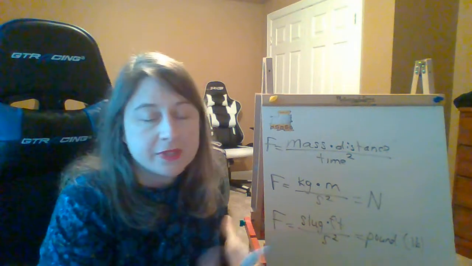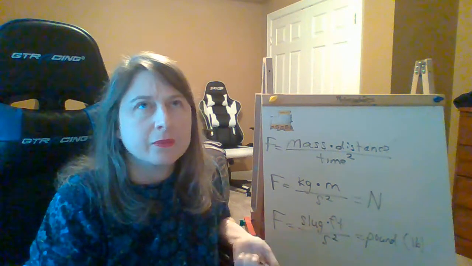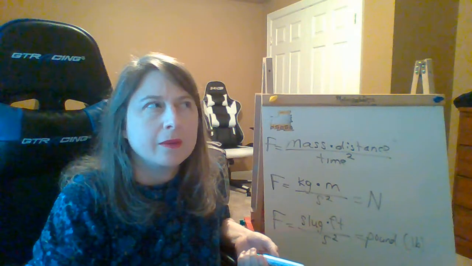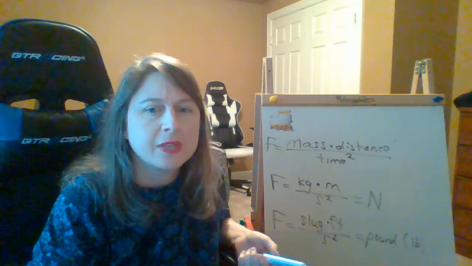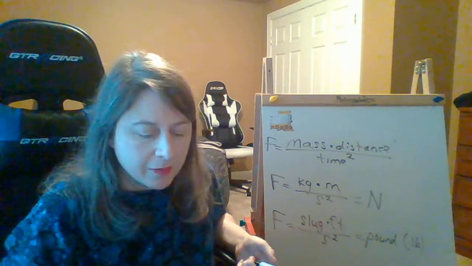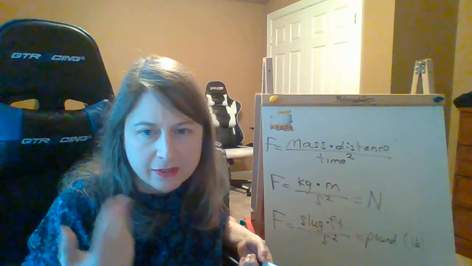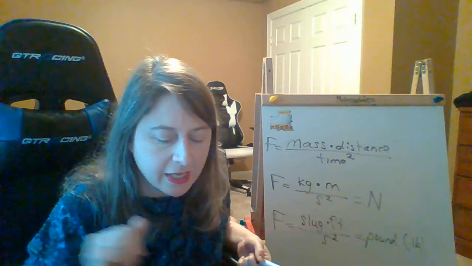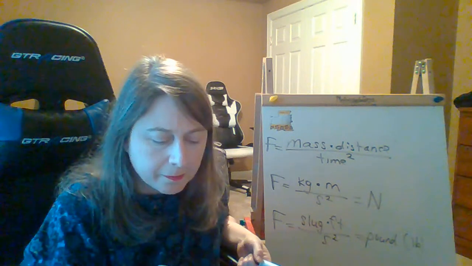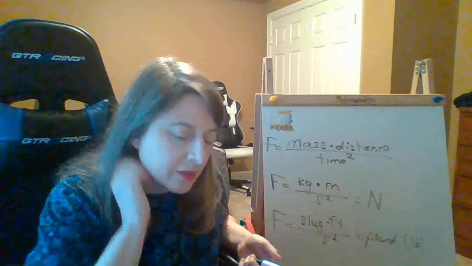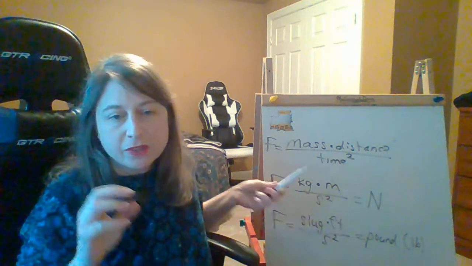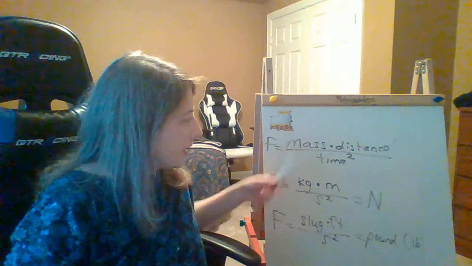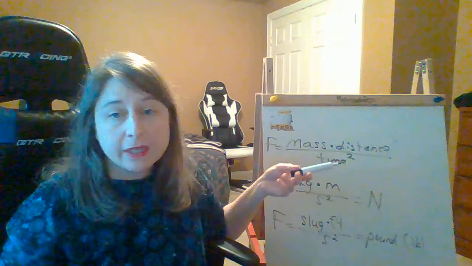There are other force units like the dyne, which I think is a gram centimeter per second squared, which is like 10 flies landing on your finger or something. A dyne is really tiny. And you can use things that are outside of the standard as well, or you can just use any mass times any distance divided by any time squared.